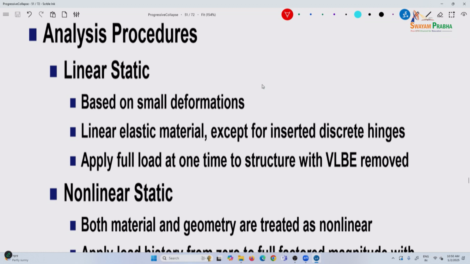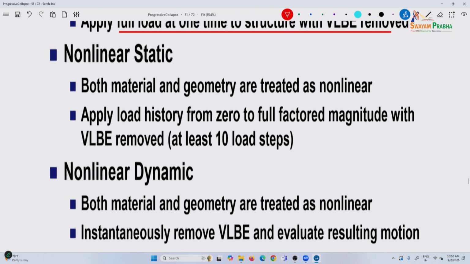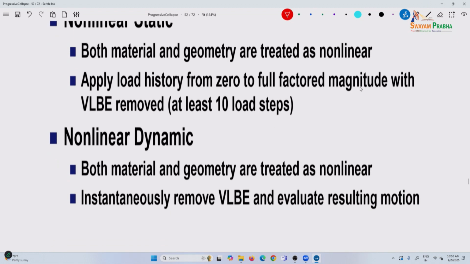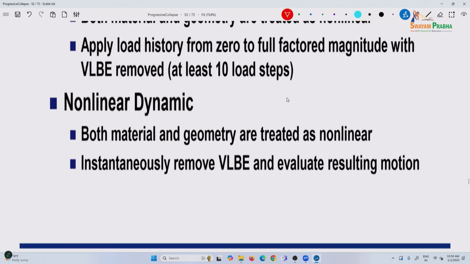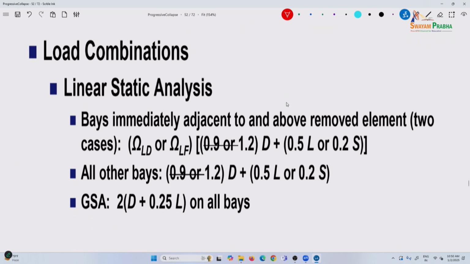Analysis procedures, you can use your regular linear static, applied full load at one time to the structure with the element removal. Again, these are recommendations, we are not getting into it, but you can look if needed. So, the load combinations in our static analysis, we normally have immediately adjacent to and above the removed element.